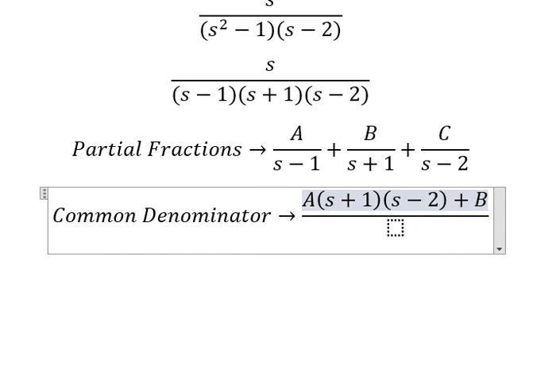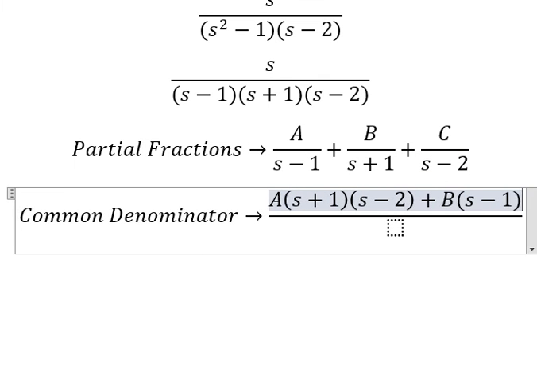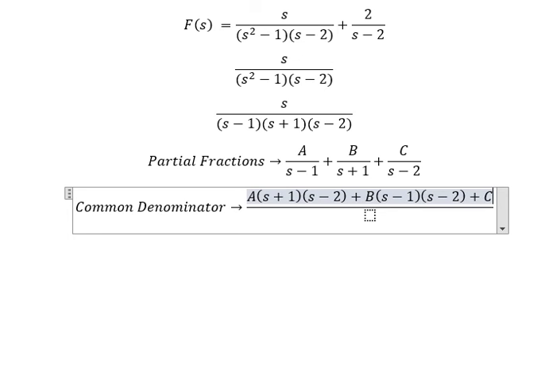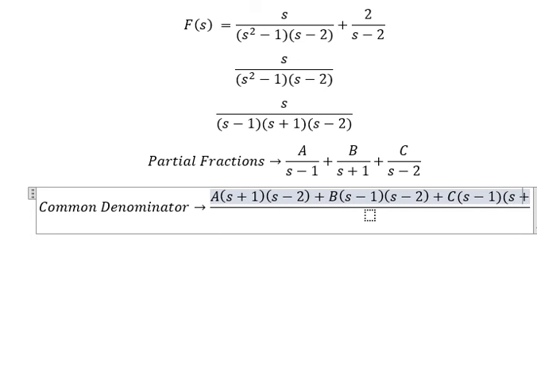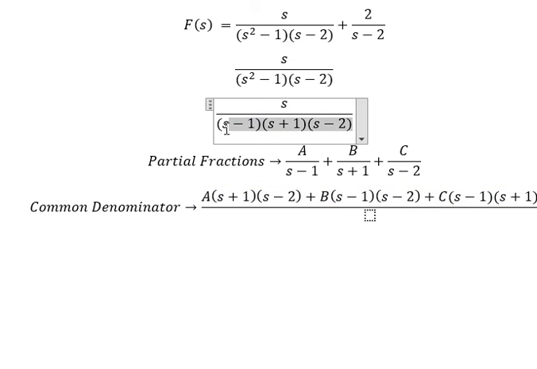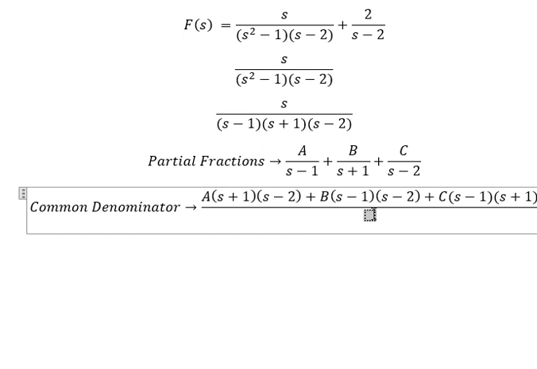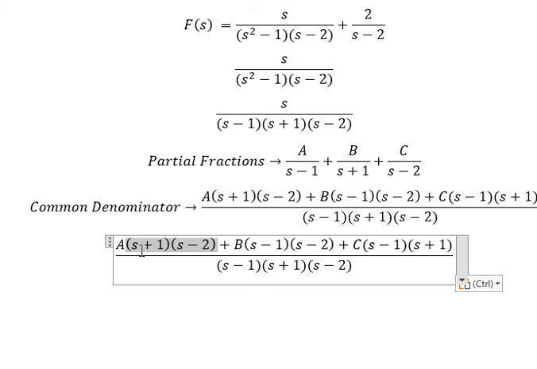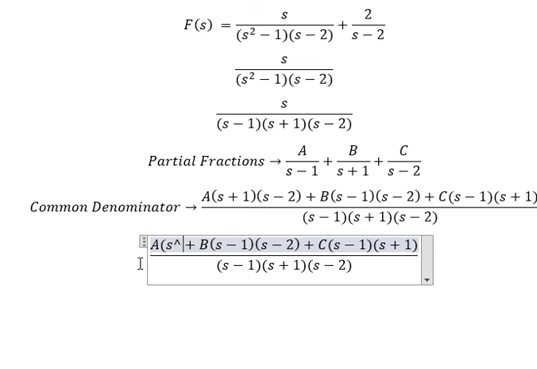So capital B multiplied by h minus 1, h minus 2, and so on in here. This one we need to expand.